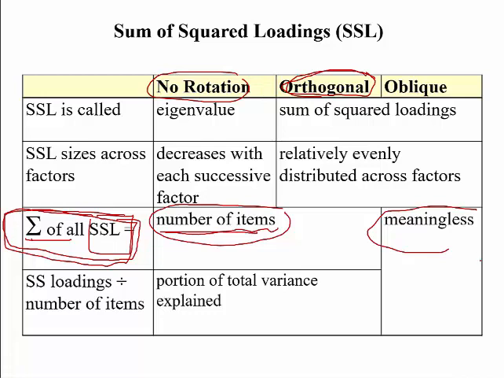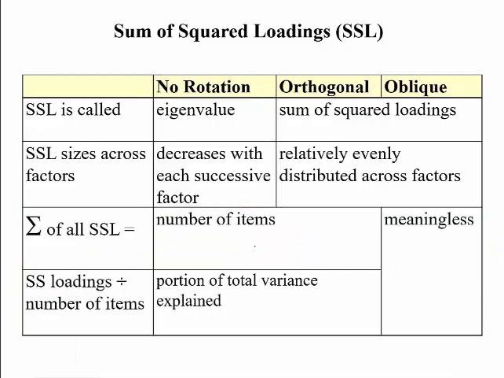You will just get some kind of meaningless value. It won't produce anything that we can interpret or do anything with, and it will definitely not equal the number of items that you have. So if I'm doing oblique rotation, I would simply not sum across the sums of squared loadings for all my factors or components. It would just give me something meaningless.